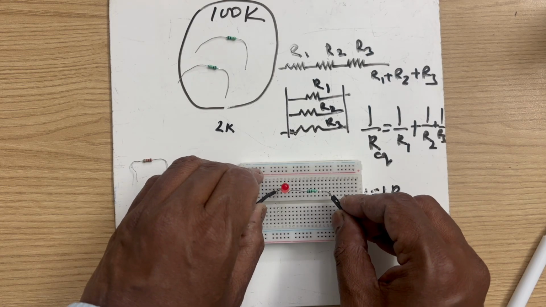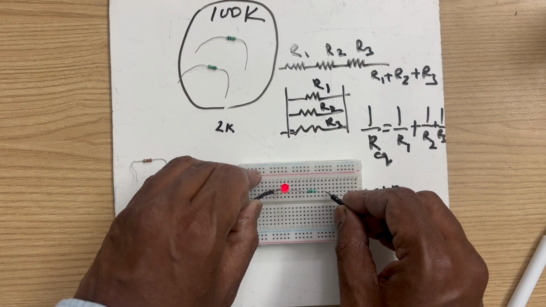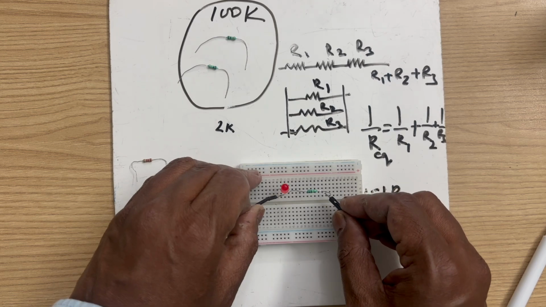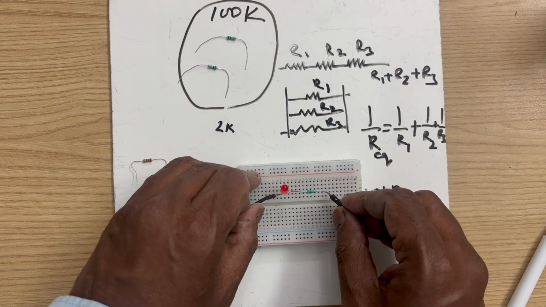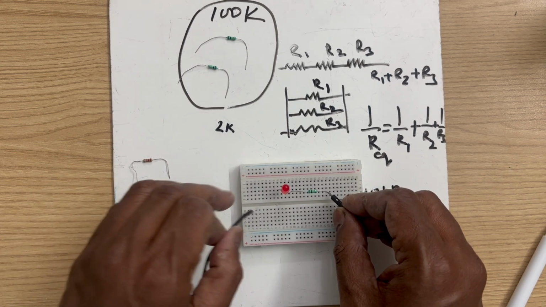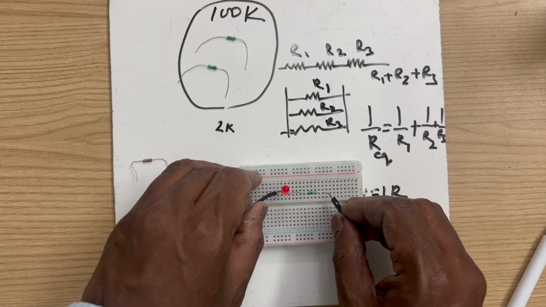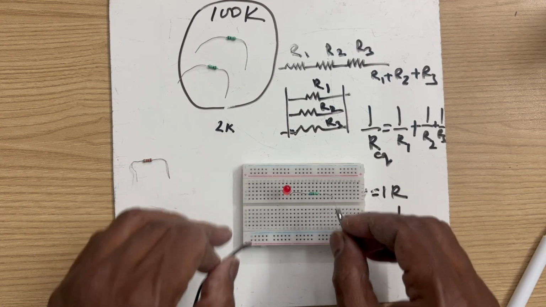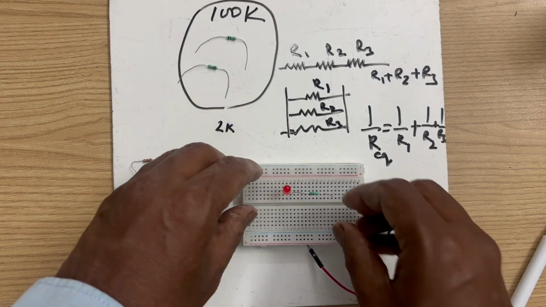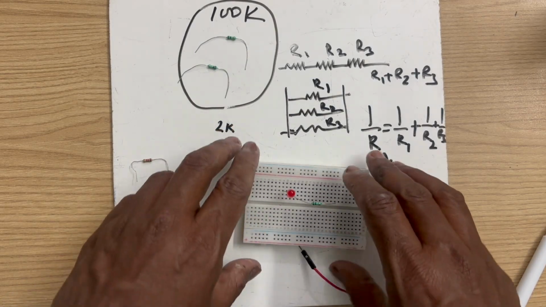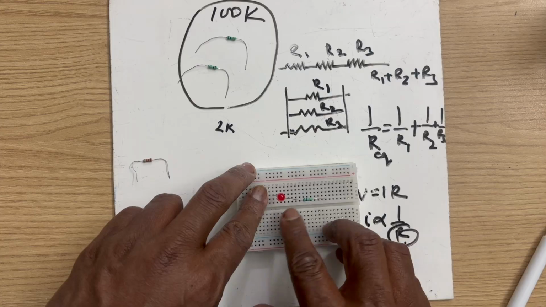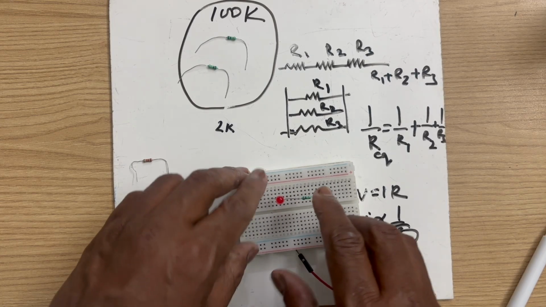So the intensity has reduced, see, as compared to the 2K resistance. All right, so there's a difference.